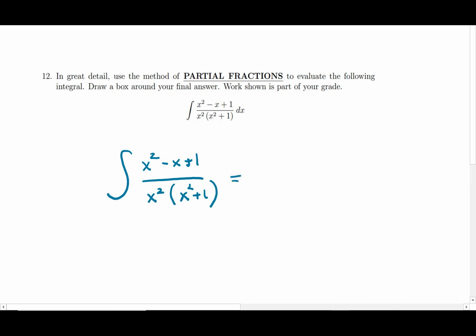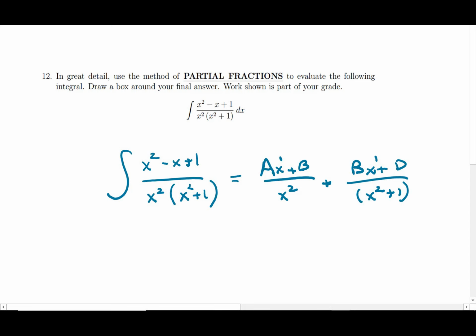Okay, so what we have right here is two different components. So we have ax plus b over x squared plus cx plus d over x squared plus 1. Basically there are two different terms with degree x squared, so we have to drop a degree on the numerator, degree 1.